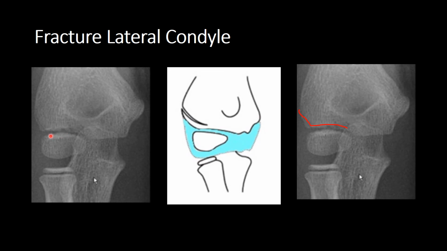So here we have the capitulum, here we have the radial head, and here we can see the medial or internal epicondyle, and we can quite clearly demonstrate that there is no ossified trochlea. Therefore, this cannot be the lateral epicondyle and must be a fracture.